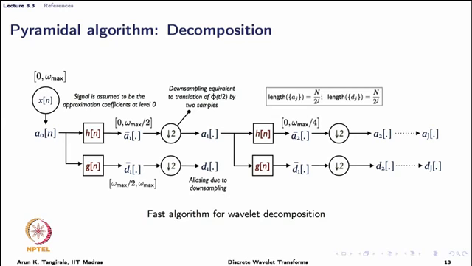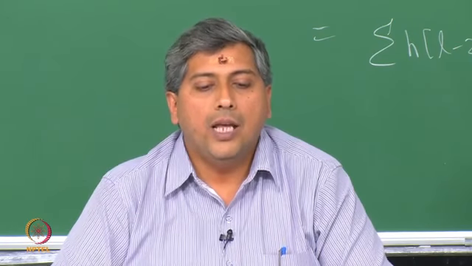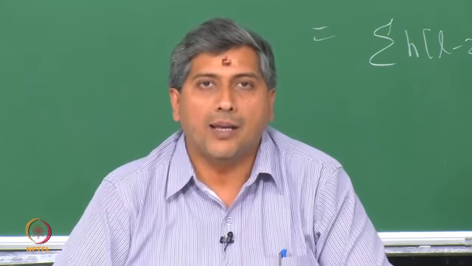So, again coming back to the point, we assume that the sampled signal that is available to me is nothing but a set of approximation coefficients at scale, at level 0. Now, is this true? Does this make sense? Well, first of all, remember that x of t, a continuous time signal, is sampled to obtain x of n.